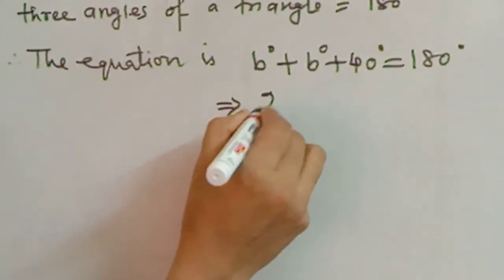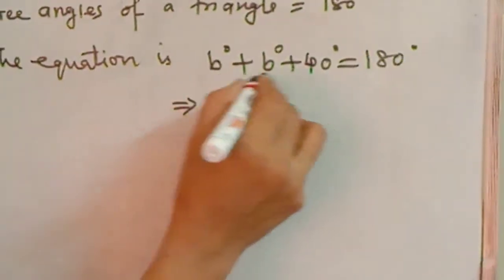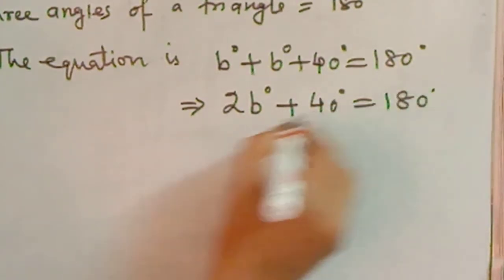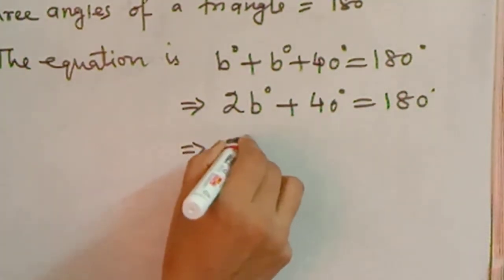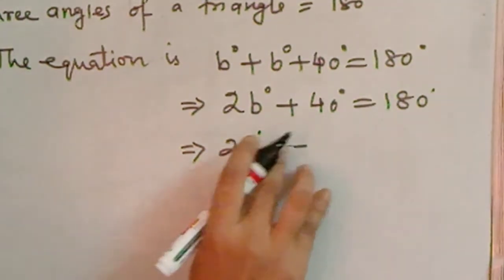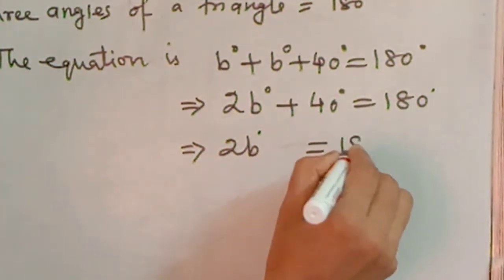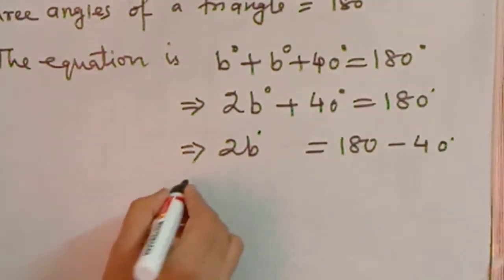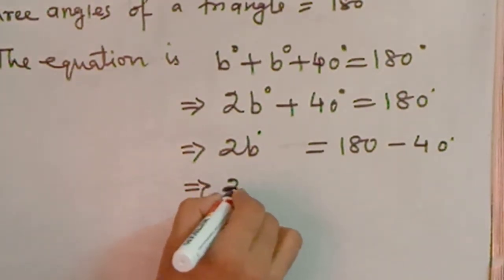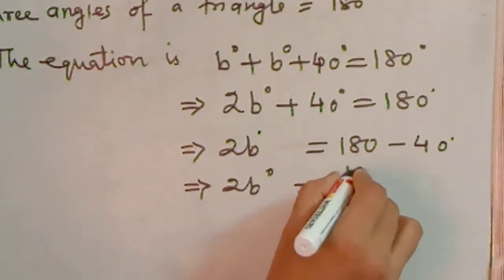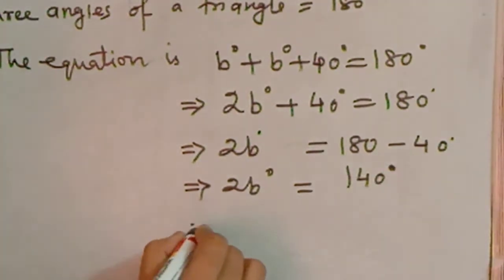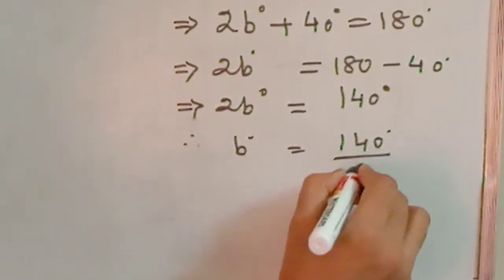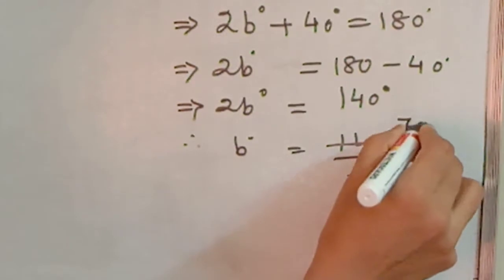One B and another B, so it is 2B degree. So 2B degree plus 40 degree is equal to 180 degree. 2B is equal to 180 degree minus 40 degree, since this 40 degree was plus, here it will be minus. 2B is equal to 140 degree. Therefore, B is equal to 140 by 2, that is 70 degree.